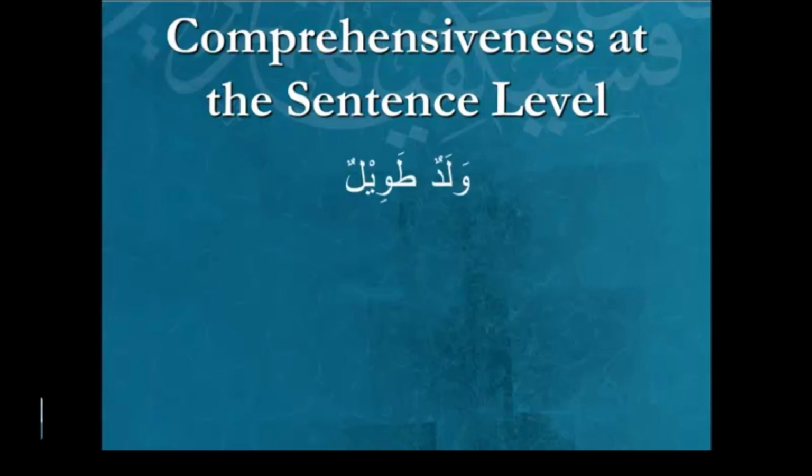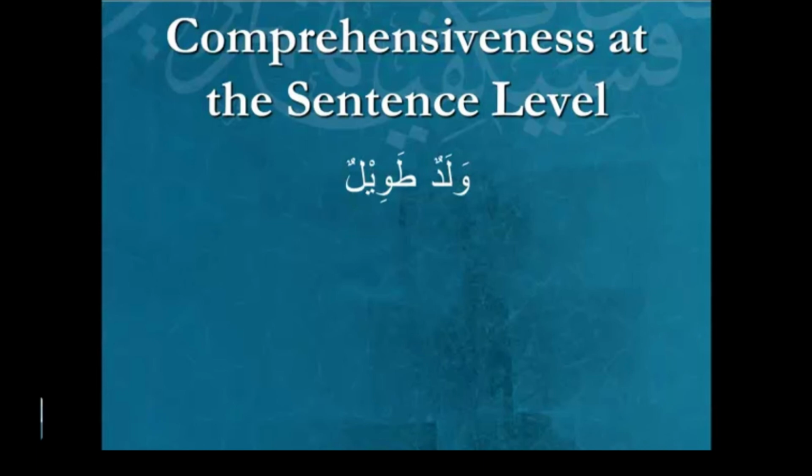Okay, so waladun tawilun. Now it's not tawil walad, it's waladun tawilun, and it's not al walad tawil either, it's waladun tawilun. It's very specific, in the sense that both the word walad and the word tawil are matching, and we're going to speak about the angles of correspondence in a few slides from now, inshallah.